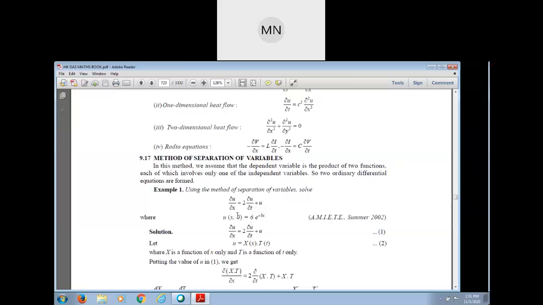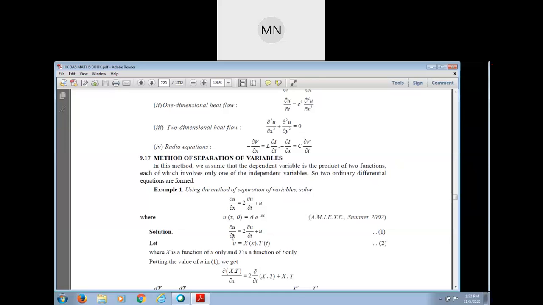So for this equation, the dependent variable is u. According to the method, we can write u as a product of functions which involve only one independent variable.